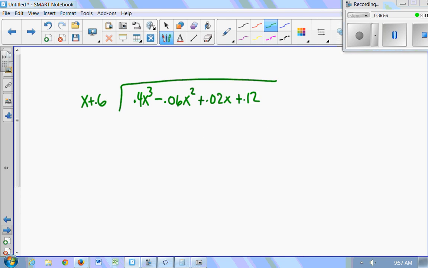Okay, so what would I multiply x by to make a 0.4 x cubed? 0.4 x squared. Yeah. So 0.4 x squared times x is 0.4 x cubed. 0.4 x squared times 0.6. 0.4 times 0.6 would be 0.24 x squared, and subtract.